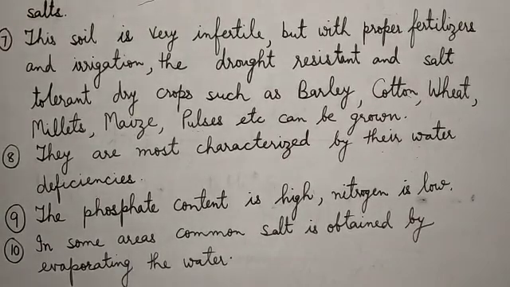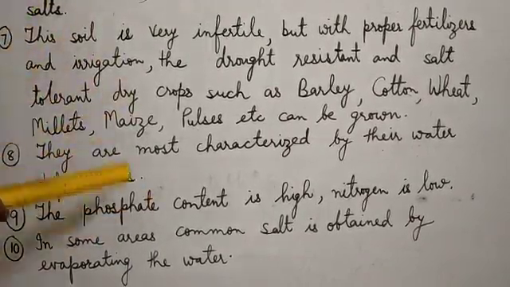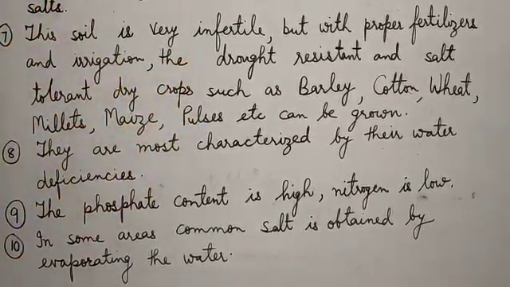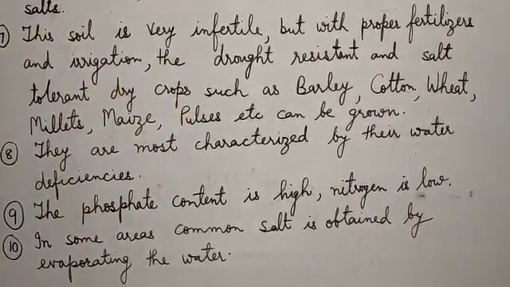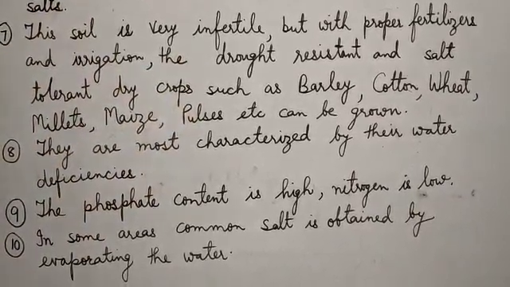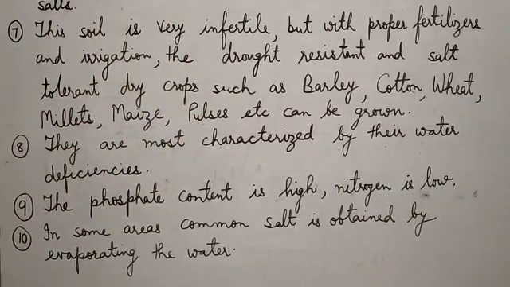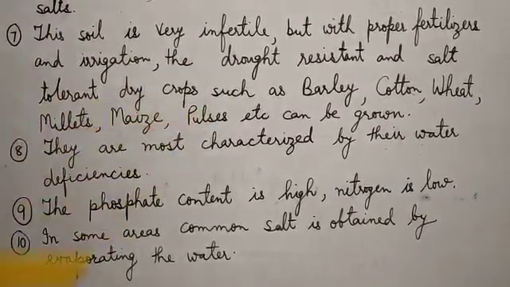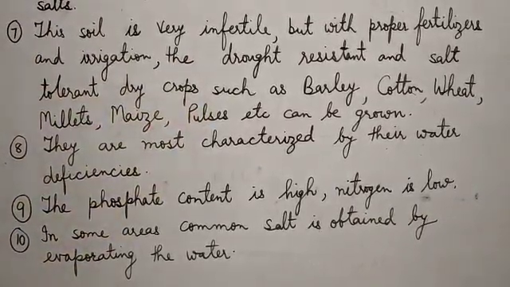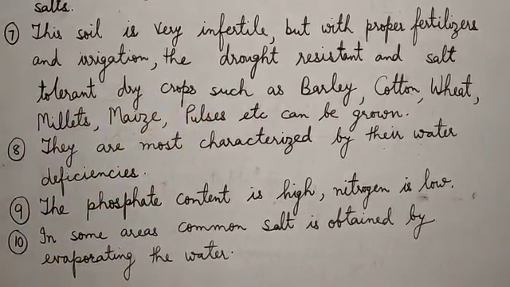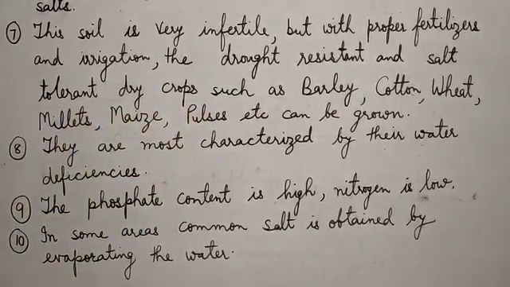The phosphate content of this soil is very high, but nitrogen is low. Though nitrogen is originally low, some of it is available in the form of nitrates.